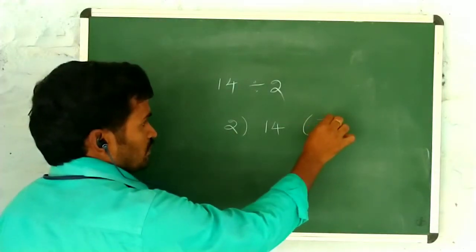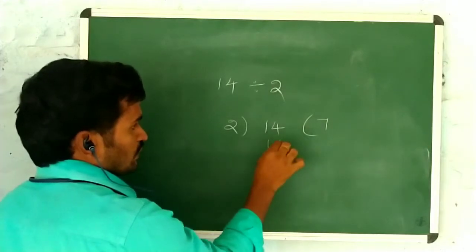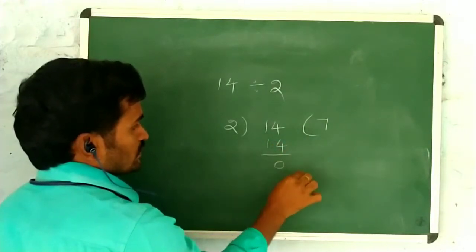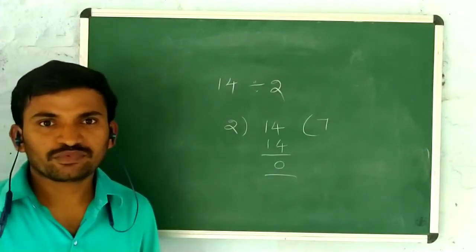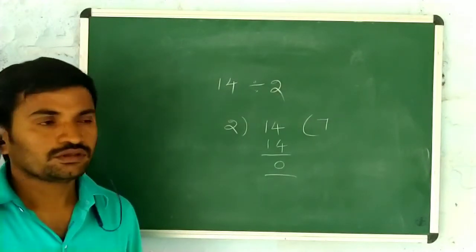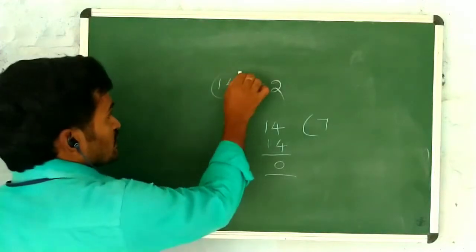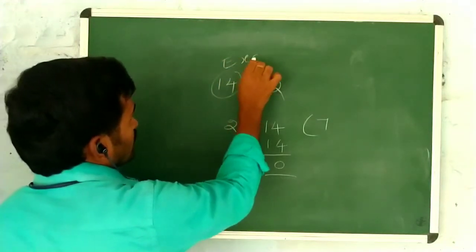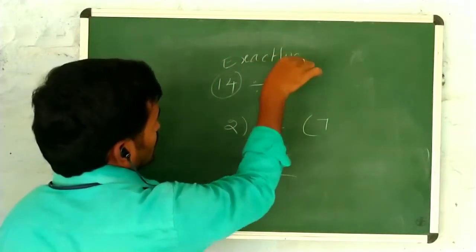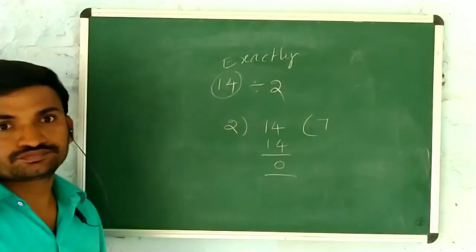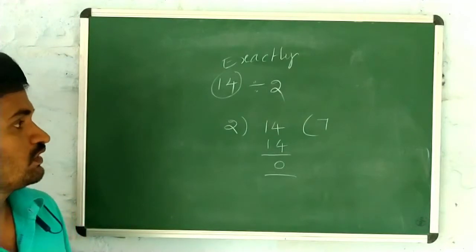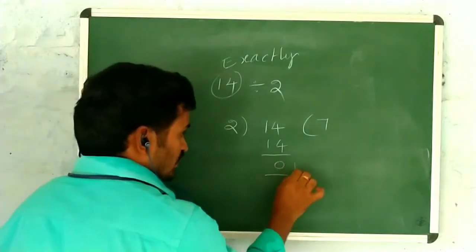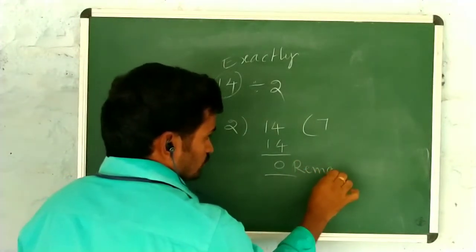In the 2 table, 2 sevens are 14. In this problem we are getting the remainder 0. So 14 is exactly divisible by 2, because the remainder is 0.